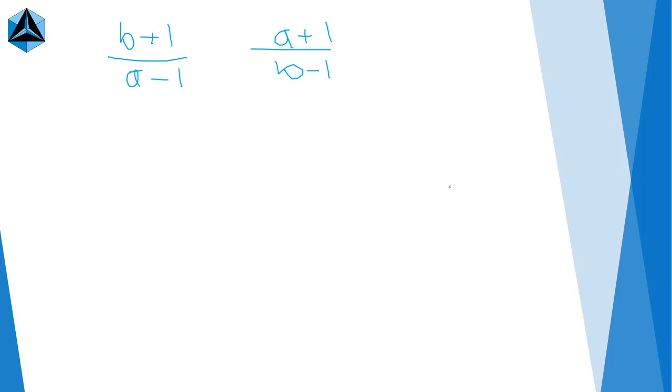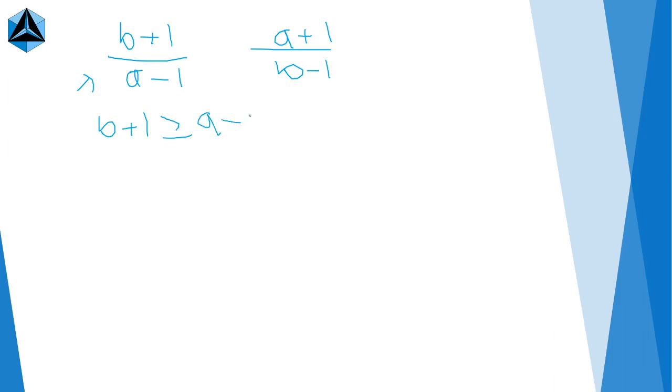So clearly, if this fraction were to be an integer, then b plus 1 must be greater than or equal to a minus 1, because you can't have a number divided into a smaller number. A number must divide into a larger number. This is pretty obvious if you look at it. So from this, we have b plus 1 is greater than or equal to a minus 1.